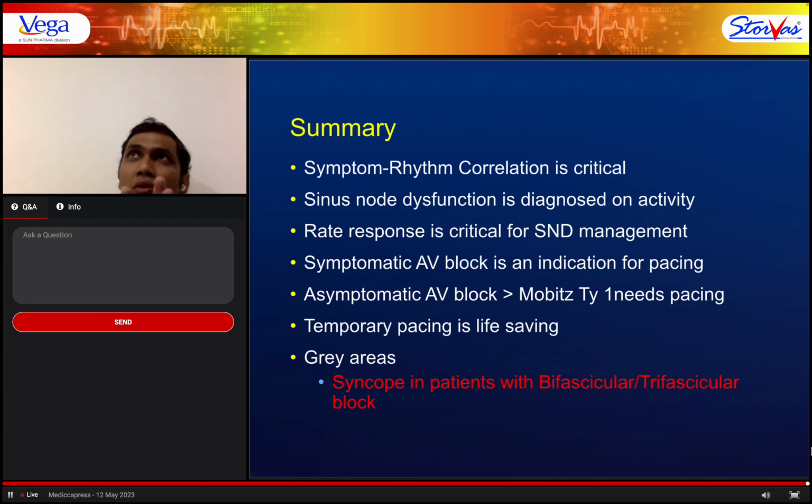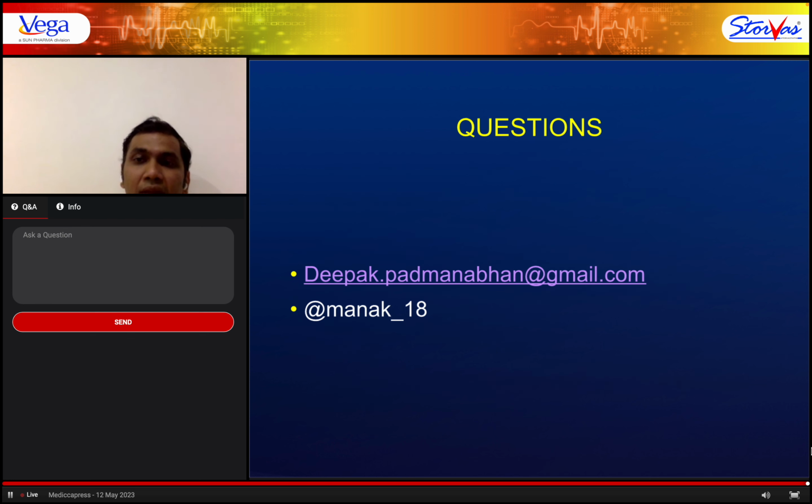For patients with first degree AV block and Mobitz type 1 AV block, unless there are symptoms, there is no indication for pacing. Temporary pacing is life-saving and perhaps everybody should attempt to know how to do it. The gray areas remain syncope in patients with bifascicular and trifascicular block, which, for reasons mentioned, I have not gone into the details of.